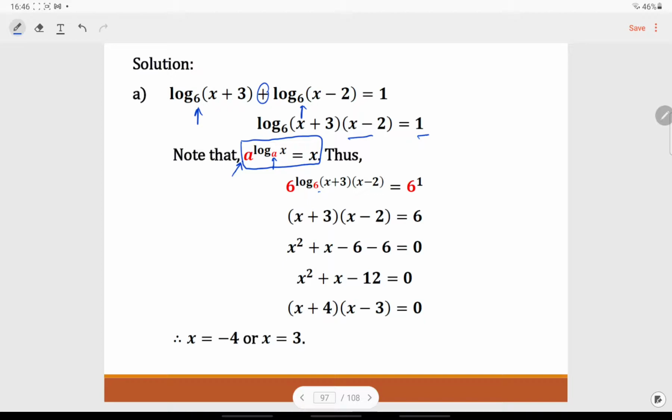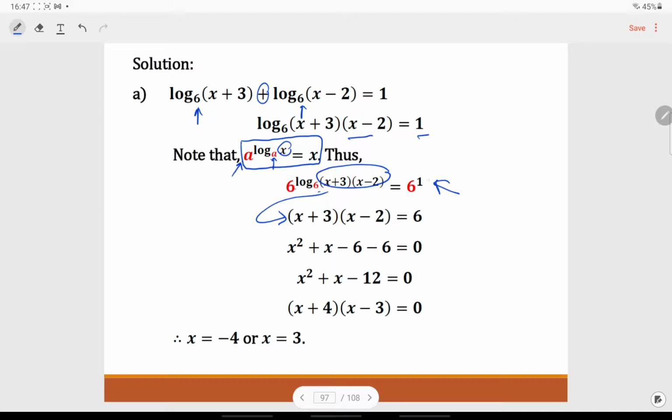We have the following form. Now we can check this rule. Yes, we can use this rule because we have 6 and 6. So the remaining value is x plus 3 times x minus 2.